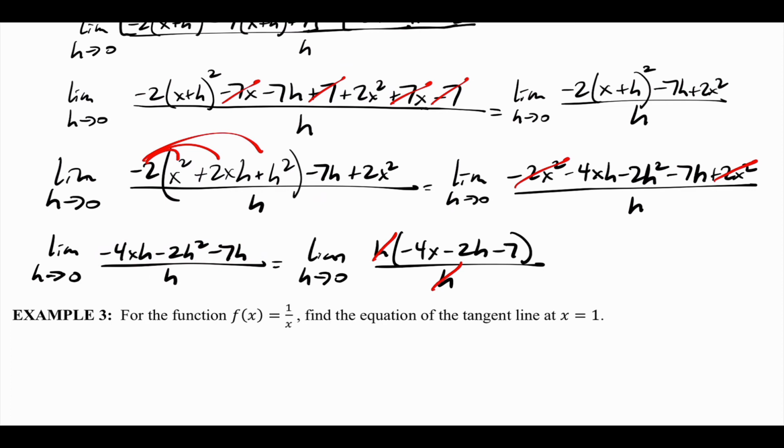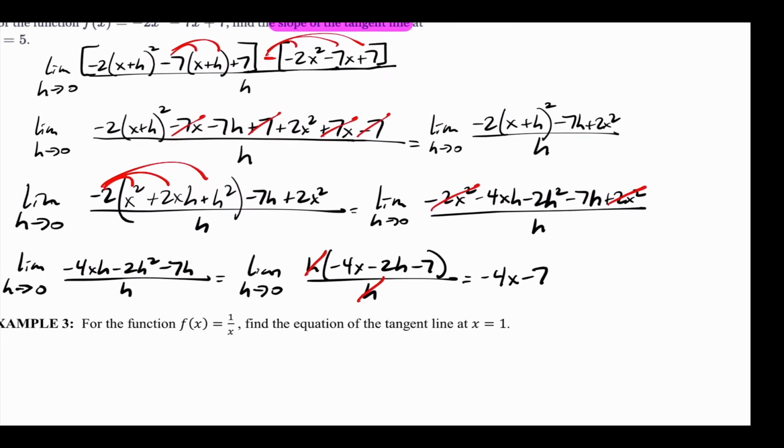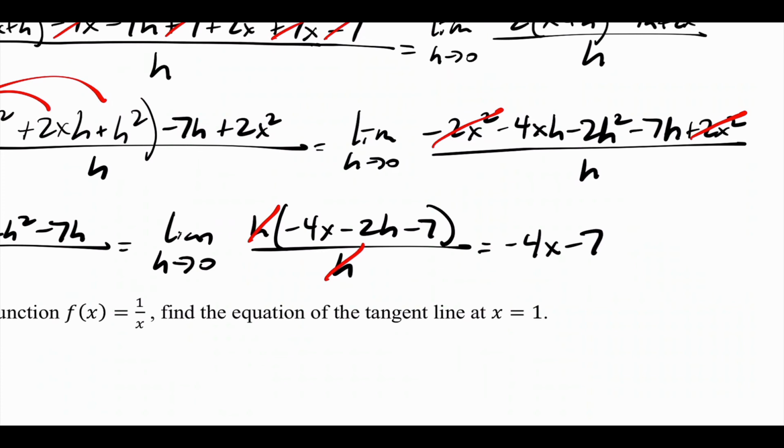Plug in 0 now. What do I get? -4x minus 7, which happens to be f prime.